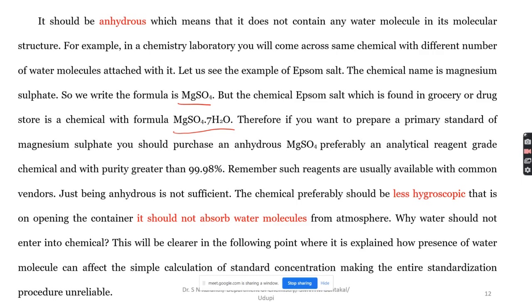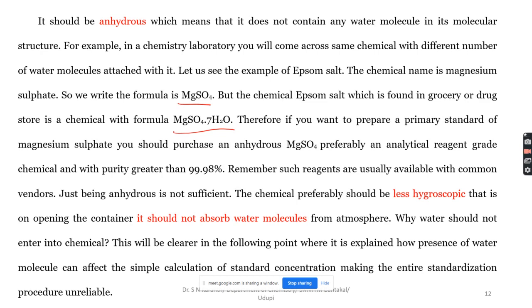Whereas if you purchase the same chemical in a store, you get hydrated magnesium sulfate. And if you want to prepare a solution of magnesium sulfate, the strength becomes entirely different for a solution prepared from magnesium sulfate compared to hydrated magnesium sulfate.